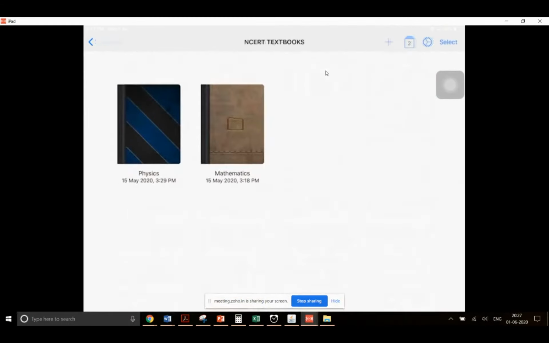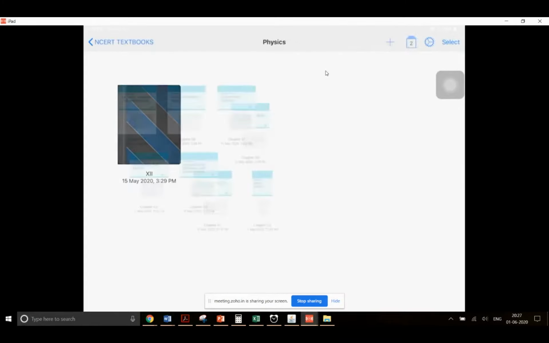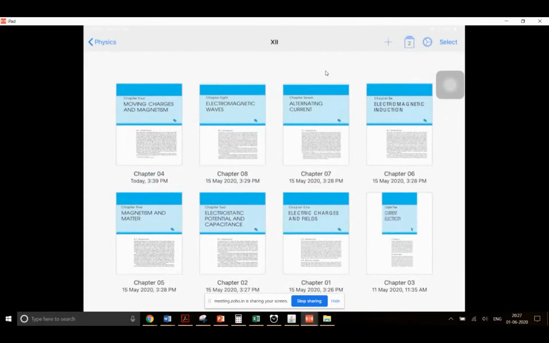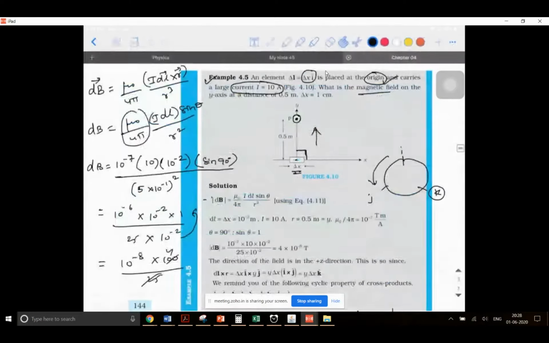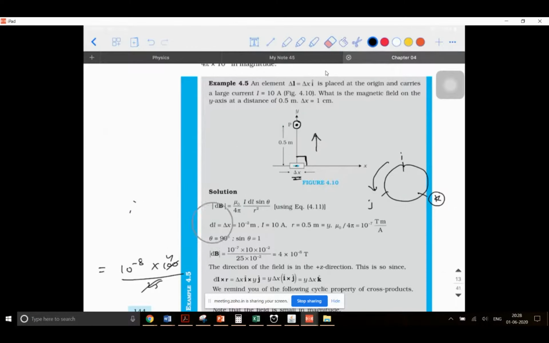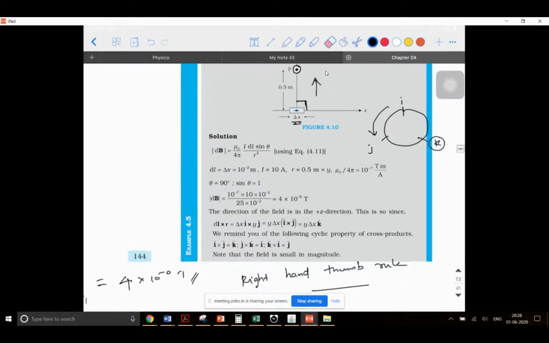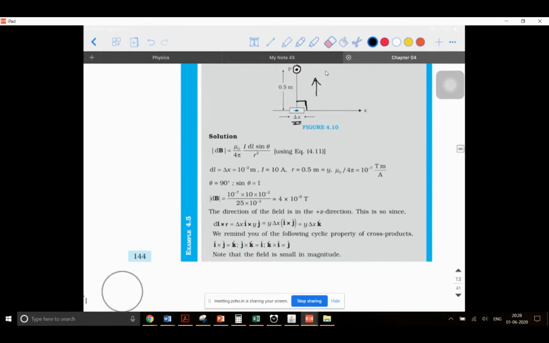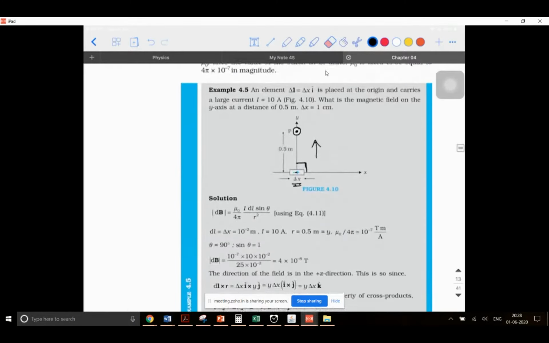NCERT textbook, Physics, Chapter 4. So we will do this problem. There is a problem which is based on Biot-Savart law. We will solve this problem using the vectorial method as well as the scalar form. We will see how to solve.